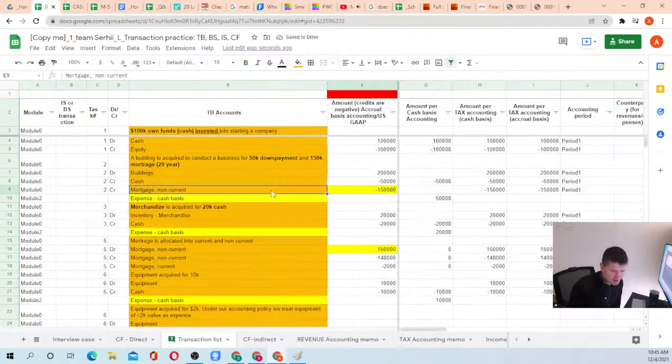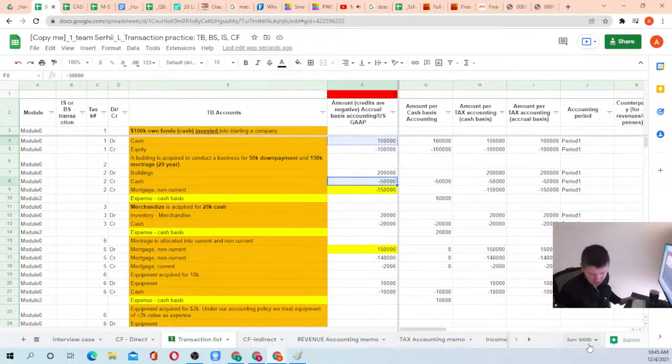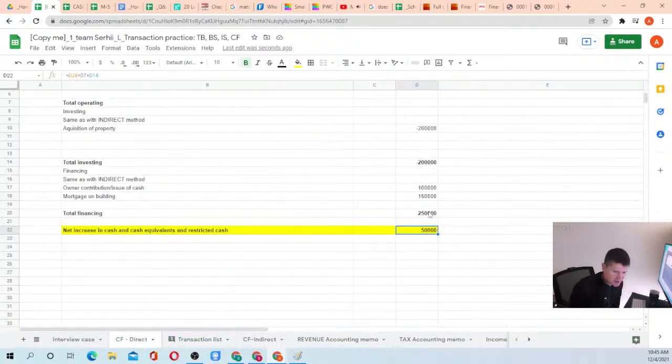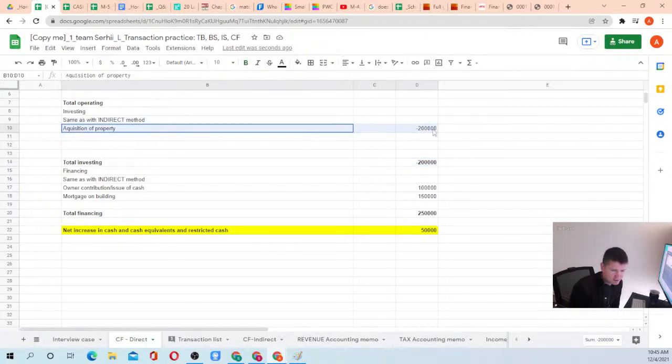If we go to the transaction list, we will see that we got 100K cash here and we paid 100K cash here. And it's actually 50,000. But the way we present it, we kind of grossed up the acquisition of property and the mortgage.